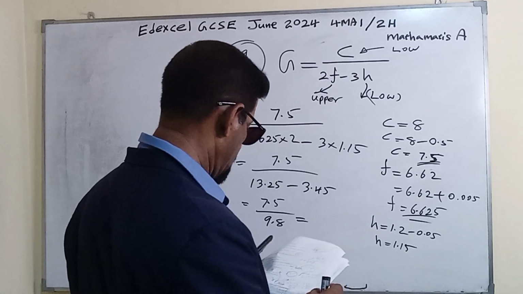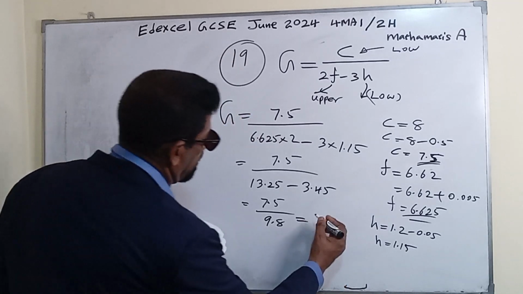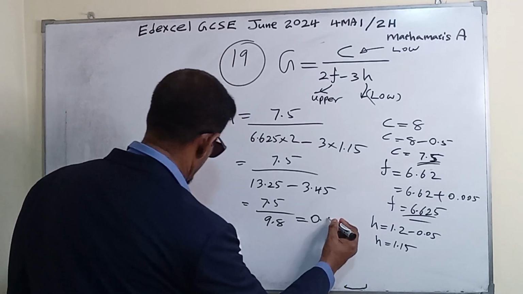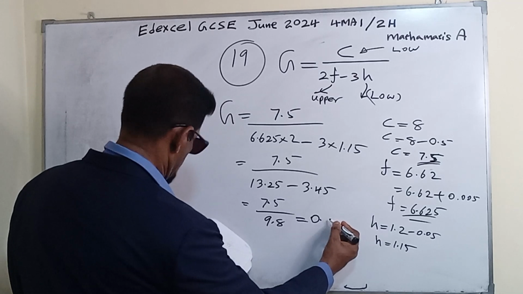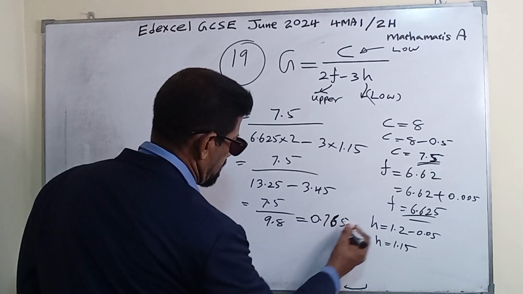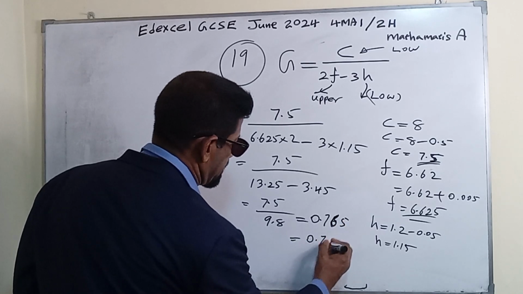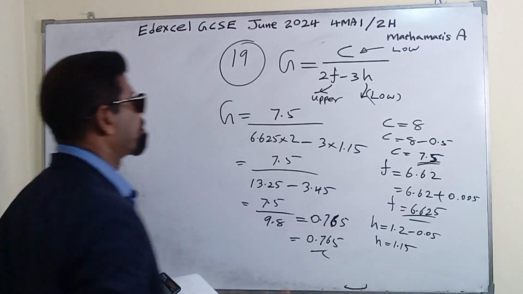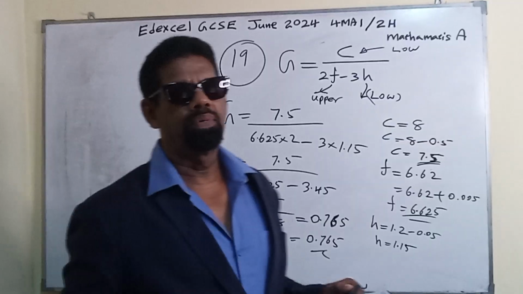So finally, your answer is 0.765. Every year this type of sum should come.